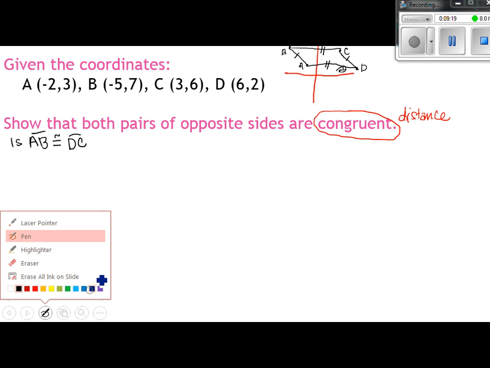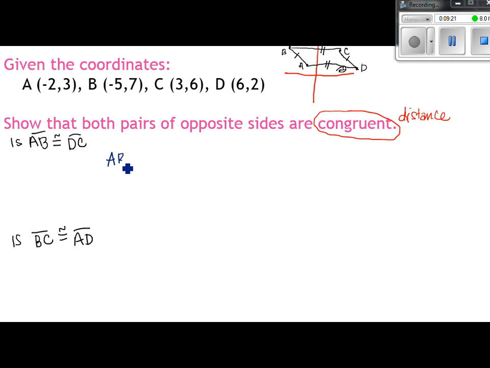Okay, so AB, and I want to use the distance formula, so I have to get the distance formula out. AB, my ordered pairs are (-2, 3) and (-5, 7). And I'm going to do the difference of the y's, because it doesn't really matter which one I do first, plus the difference of the x's, and that's squared.